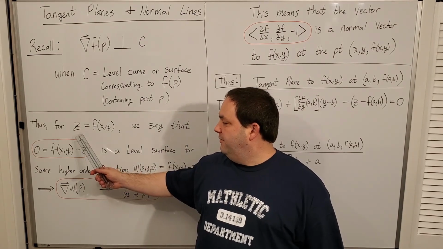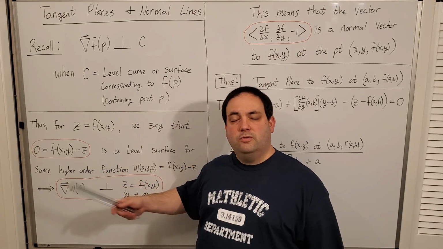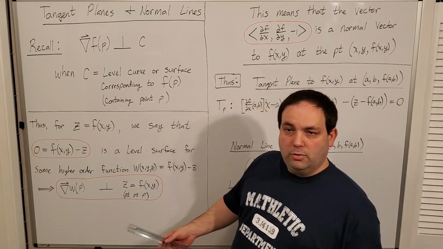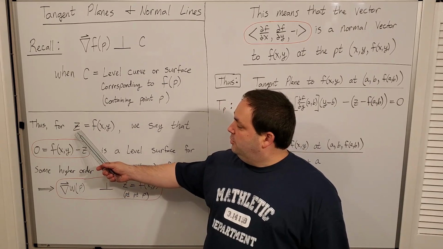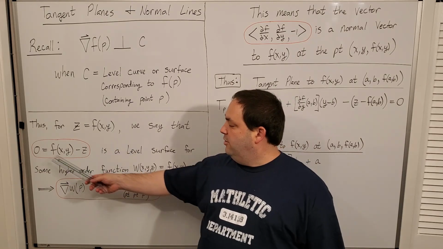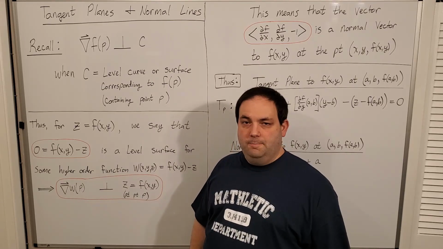Okay? So if you have some function, z equals f of x y, right? Those are the functions that we typically study a lot in these multivariable calculus things that we do. What you can do is subtract the z over to this side, and you'll get 0 equals f of x y minus z.